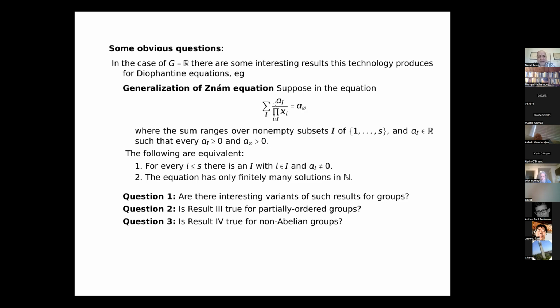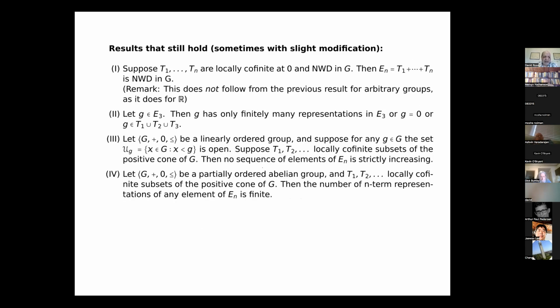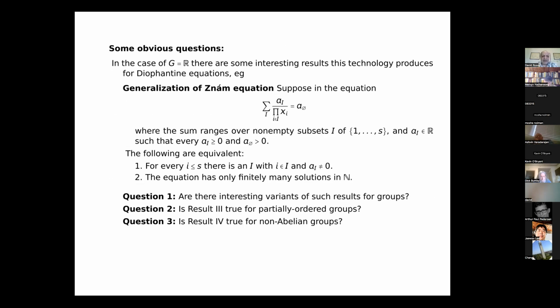So you can ask, are there interesting variants of these results? This is not easy to formulate, or not obvious how to formulate, for a general topological group, but maybe it is. And are there interesting variants of such results for general groups? Is result 3, which I used for a linearly ordered group, about increasing sequences, true if you just have partially ordered groups?